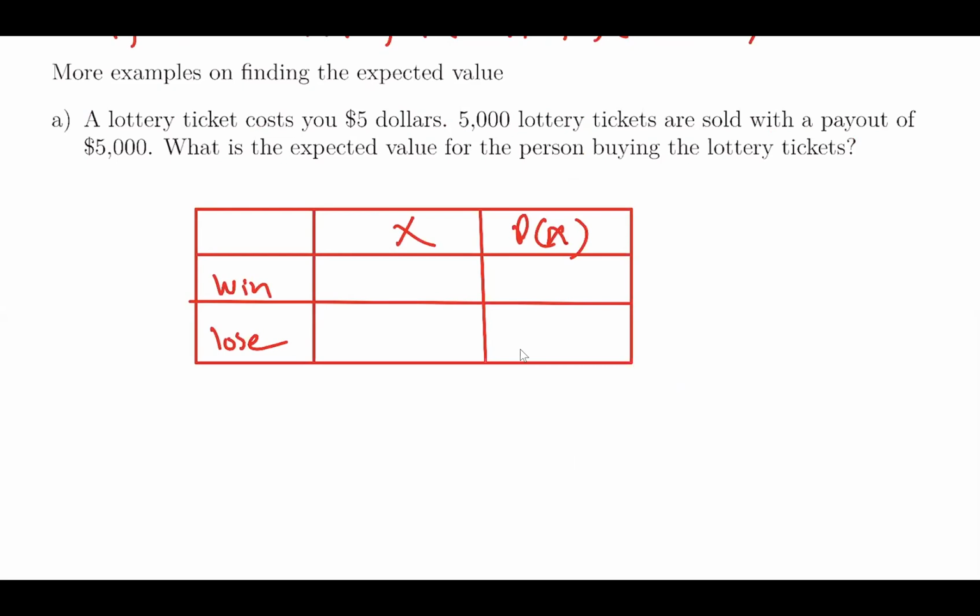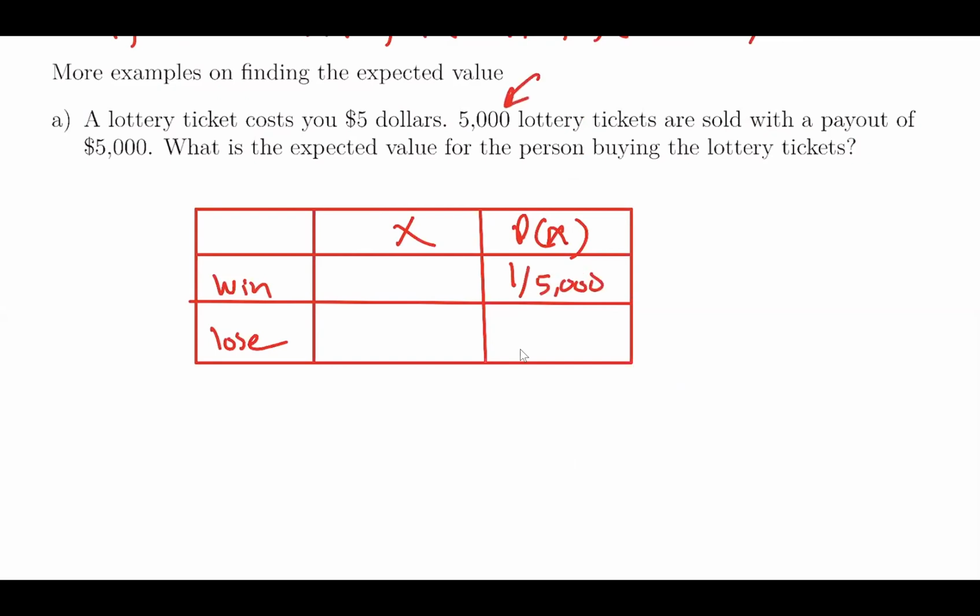So what is the probability that somebody will win? In this scenario, what's the probability that somebody has the winning lottery ticket? Good. It's 1 out of 5,000. For this one, be careful.